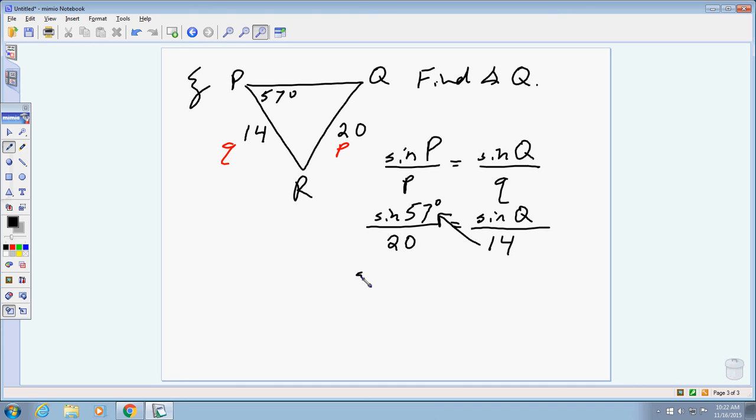So I get sine q equals 14 times the sine of 57 degrees over 20. Now, you should do this to 3 decimal places before you second function it, but not a huge deal.